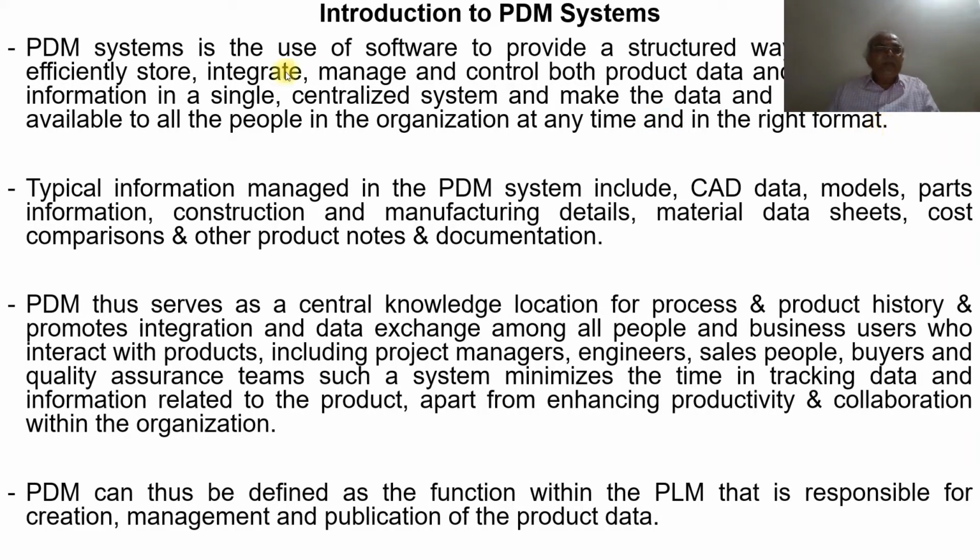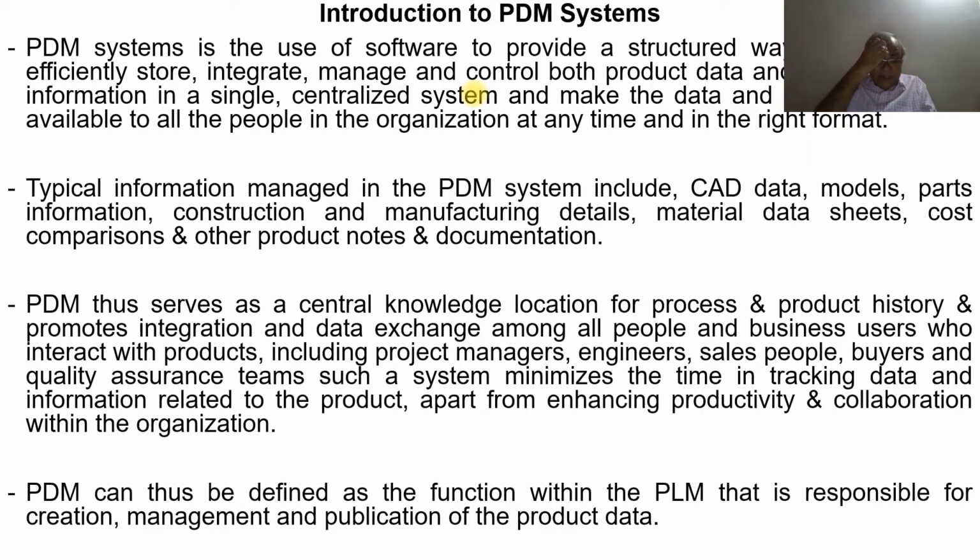So what does it mean? That means it is the total structured data which is used to store, integrate, manage and control both the product data, that is information about the product, and the process. Process means the manufacturing aspect, the quality, the dispatch, all those things which are involved right from the raw material stage till the final completion stage, in a single centralized system.